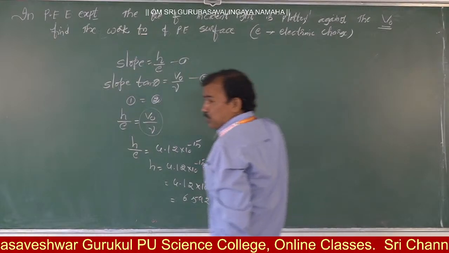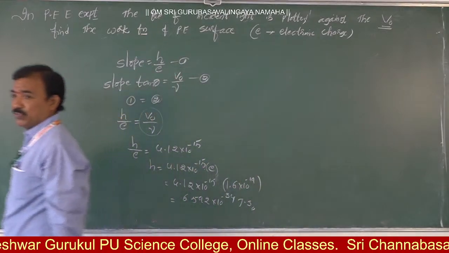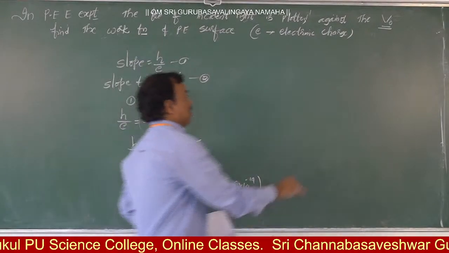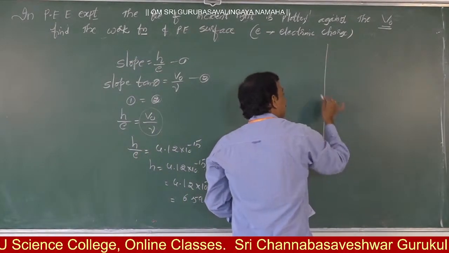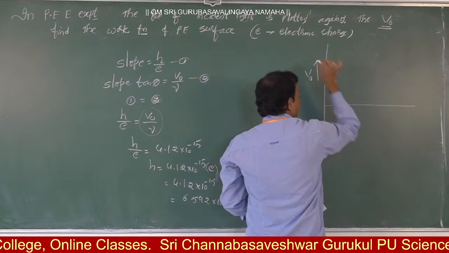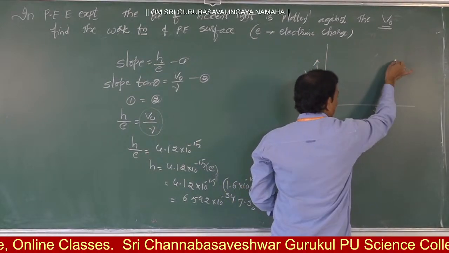In the bracket, e is the electronic charge. Same as the previous graph.